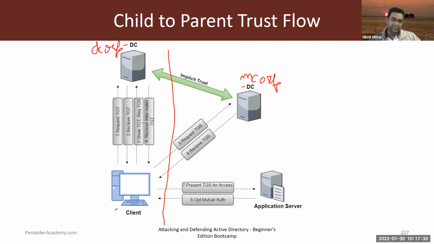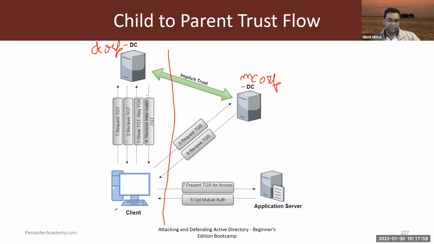Step 3, you present the TGT and request a TGS, or a service ticket. You pass the SPN, the service principal name, saying I want a service ticket for that particular service. Now the TCorp DC, the DC of your current domain, checks the SPN and finds out that this is not in my Kerberos realm, but belongs to the forest root.